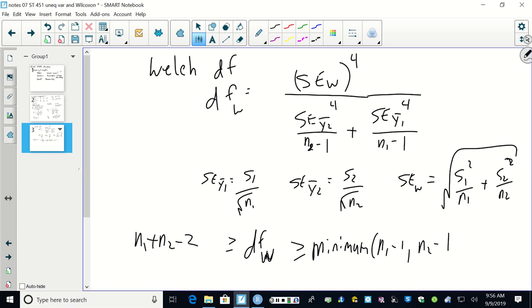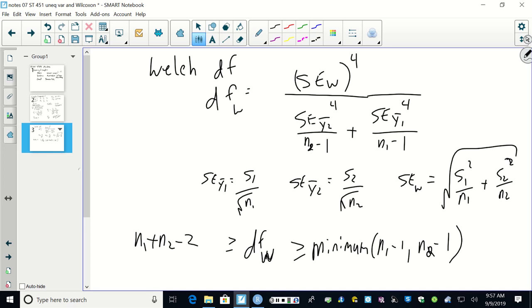If the variances are pretty close to equal, I believe it comes out pretty close to this one. But if they're really different, like one's really small and one's gigantic, then it's pushed down to a smaller value, so you get something in between.